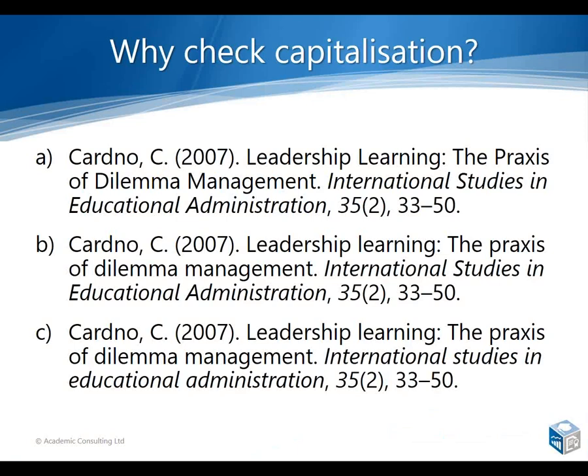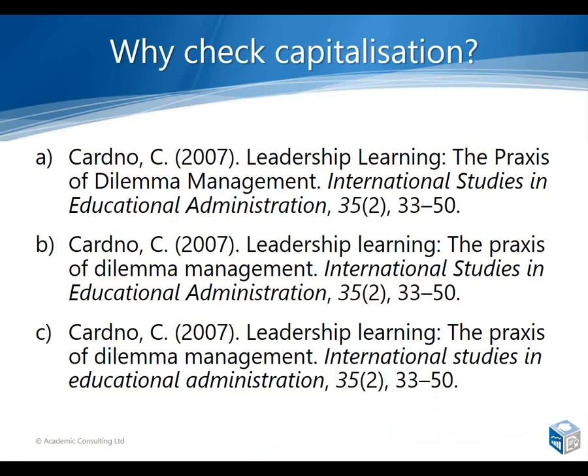Now, I'm about to ask you which of those three is correct for APA. So I'll just repeat that rule for capitalising journal articles. In APA format, the title of the journal itself is title case. All the major words are capitalised.